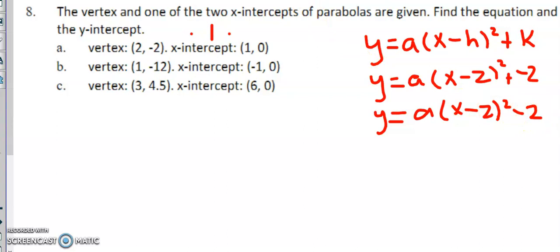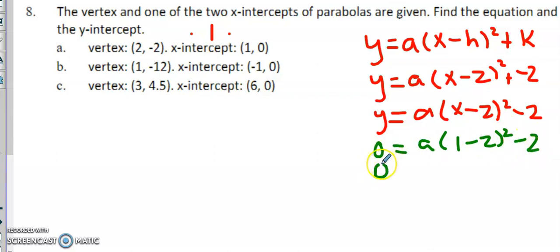And since we are given the intercept of 1, 0, we can replace the y with 0, and we can replace the x with 1, and we can simplify this to come up with our final answer.